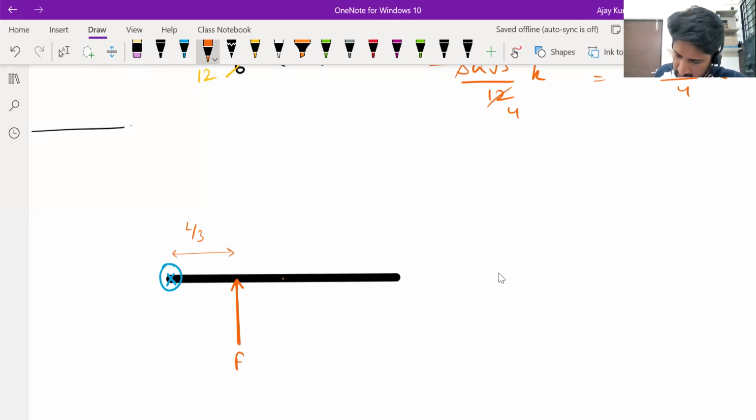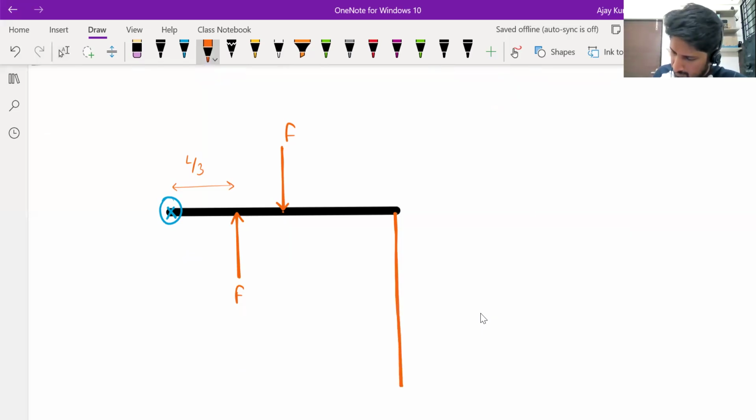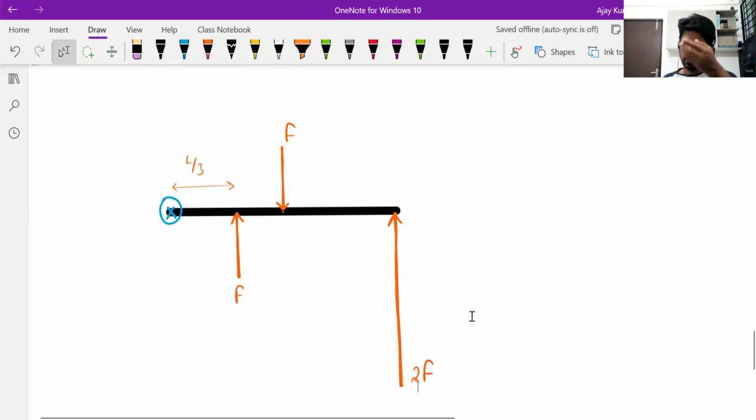And there is an F acting here at the midpoint of the rod. This is also perpendicular to the rod itself. And then there's another force acting here. Let its magnitude be 2F. You can see it's acting at one end of the rod, perpendicular to the rod.